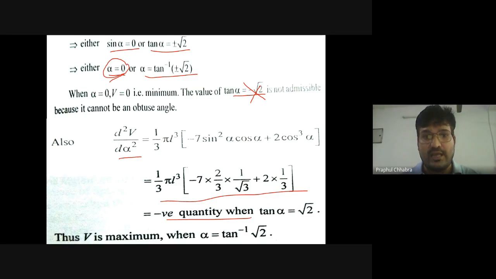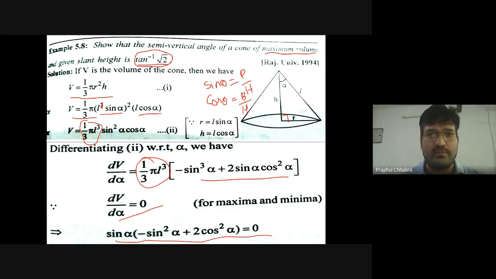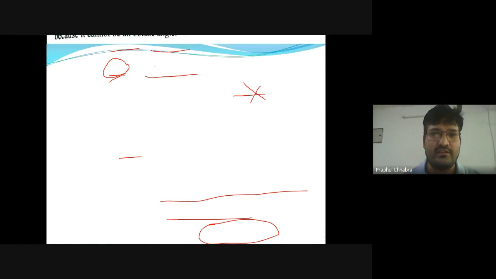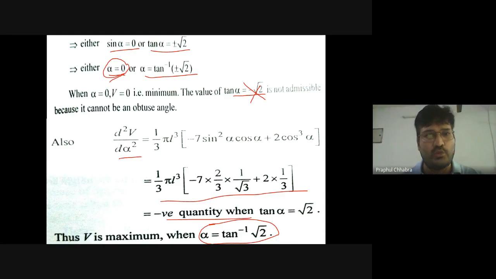It means the alpha at which this second order derivative is negative, this alpha is basically maxima. So alpha is equal to tan inverse under root 2 will be the maxima. Hence proved. If we did not have to prove, then we would also check alpha is equal to 0, which is maxima and which is minima, by putting in the second order derivative. But since in the question we are directly told that this is the maxima, that's why we are interested in alpha is equal to tan inverse under root 2.